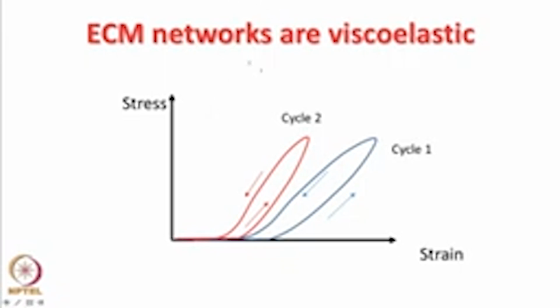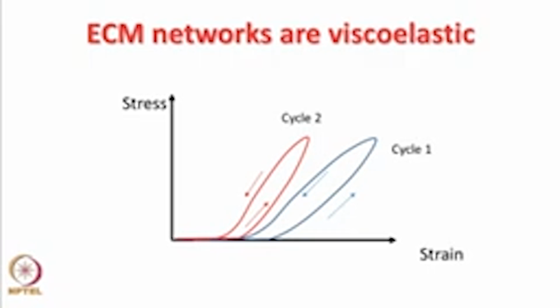What it shows you is that the path the stress strain curve follows when you stretch it is different from the one it follows when you relax it. That is one of the points to be noted. The second point is that between cycle 1 and cycle 2 there is a big difference, suggesting that something has happened as a consequence of that one cycle of forcing, because of which cycle 2 is different.